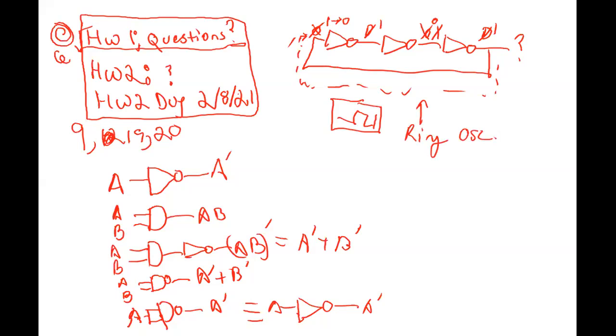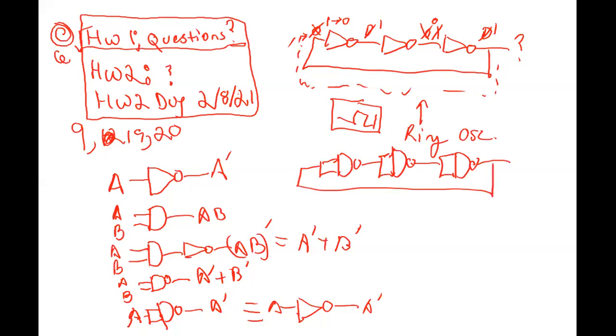If you have 3 NAND gates, it's equivalent to 3 inverters, and that is also a ring oscillator.